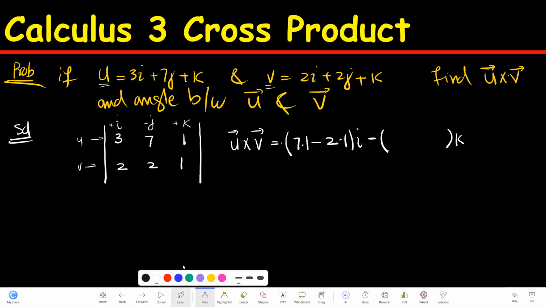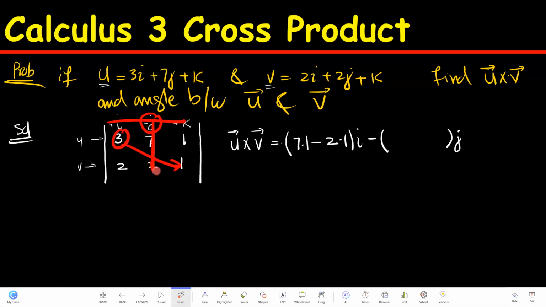When I do the second component, I'm going to be doing j. I'm going to take this j, ignore these two, and multiply 2 by 1. But there is a minus sign in between the two, just like here. Okay, so let's do it.